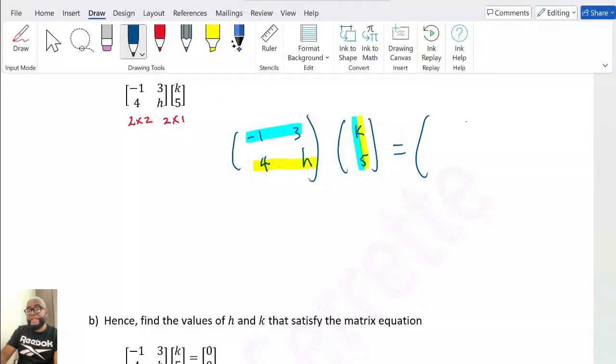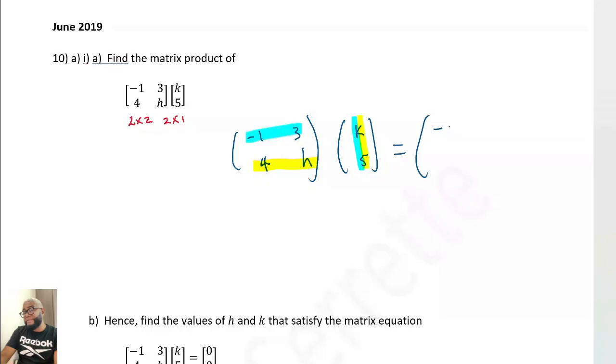Now, -1 by k would be what? -1k or just -k, right? You don't need to put the 1 in front of the k. Then 5 threes are 15. So this will be plus 15. Then for the second row multiplied by the column, 4 by k will give me 4k.